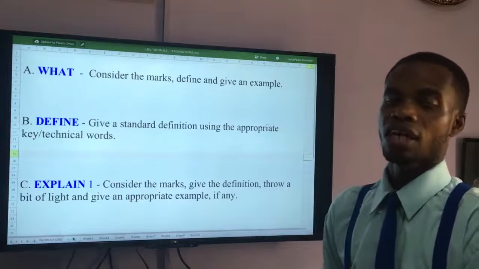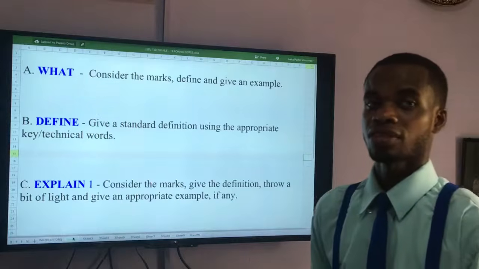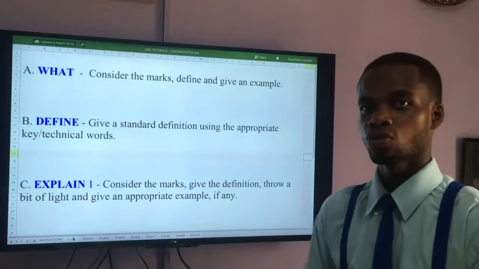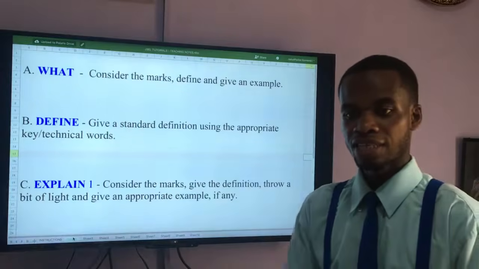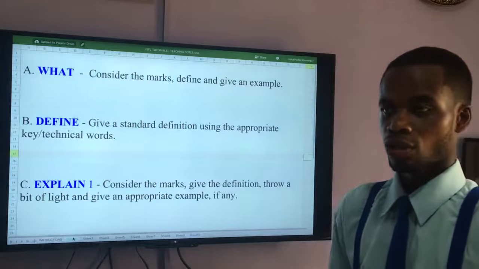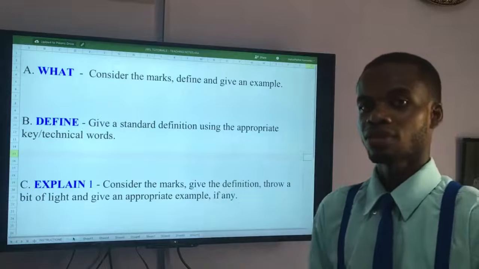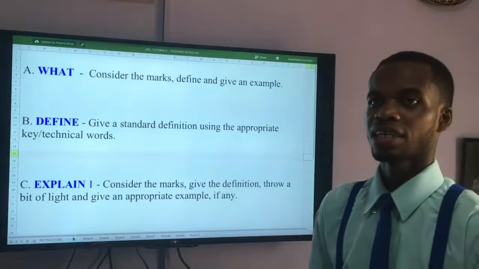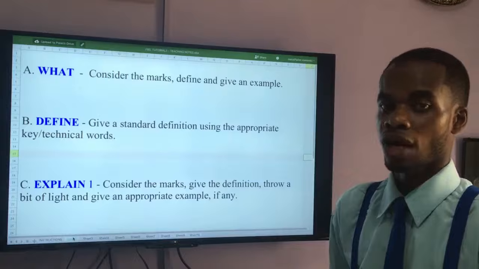definition. Most times, it could be that some of the examiners may not carry the marking scheme along, but they will want to cross-check and go through some of the papers and see if they can mark the easy answers. So what happens is that when you use a pronoun to start your definition, they actually have to go back to refer to the question and then see what kind of question you are trying to define or answer.